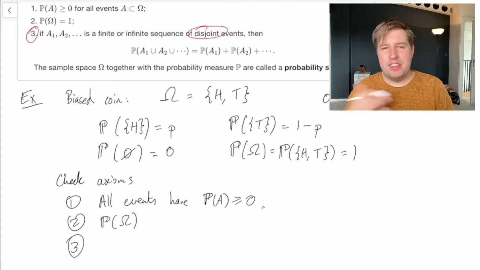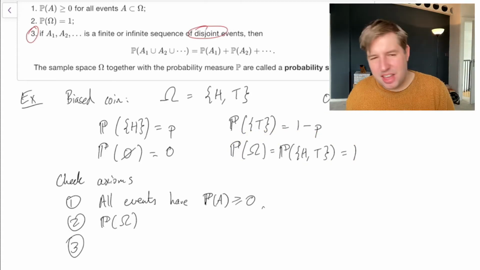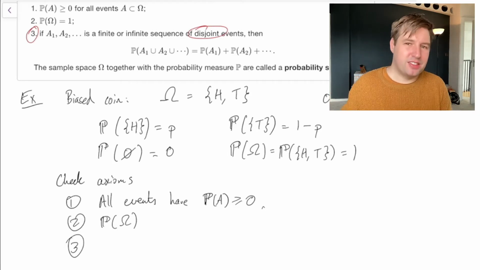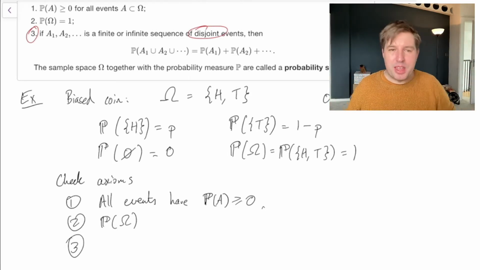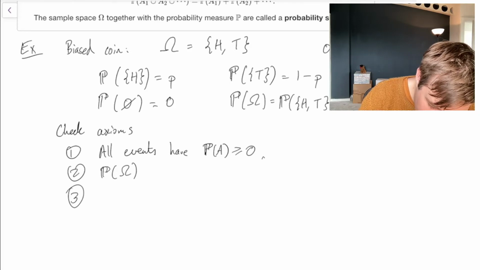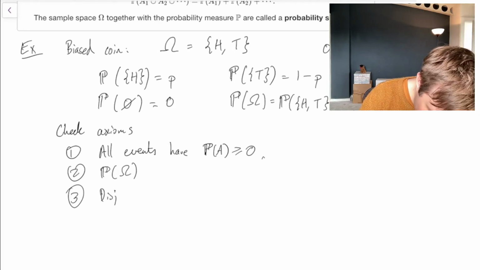Well, a disjoint union with the empty set is just the thing itself, so there's nothing interesting to say about that. And you can't have a disjoint union with the whole set because nothing's disjoint from the whole sample space. So there's actually only one interesting disjoint union going on.